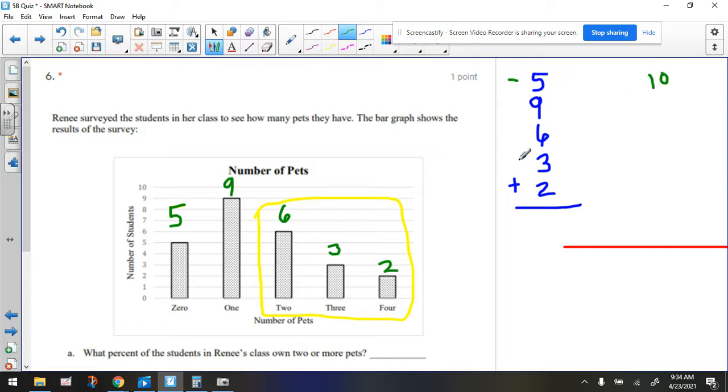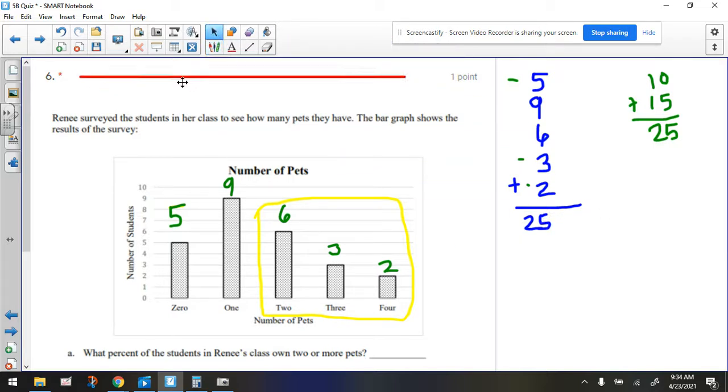So that takes care of that number, and that number. And then this plus this is 15. So if we add all that up and use compatible numbers, the all of it number is 25. All right, let's move this bar out of the way.